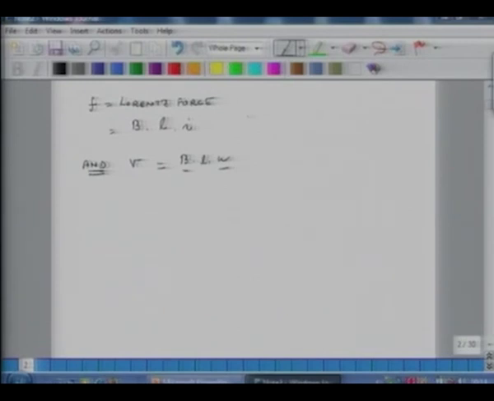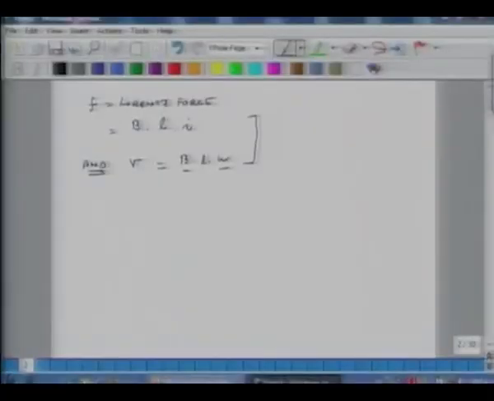So from these two relations, if I have an electrical circuit and if it is coupled to a mechanical circuit through this, what you can call a motor, which converts electrical energy into motion, then I can make a transformer something like this.